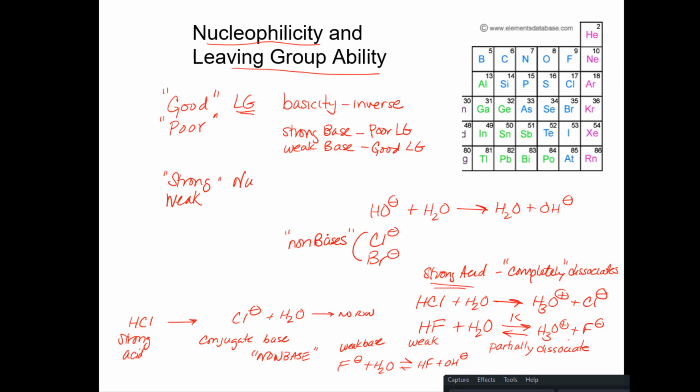What would be a weak base? Fluoride. What would be kind of a stronger base? Hydroxide. And so when we look at the periodic table, basicity goes in the following direction. As you go from right to left on the periodic table, basicity increases.